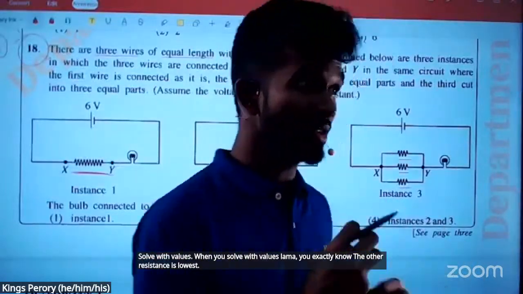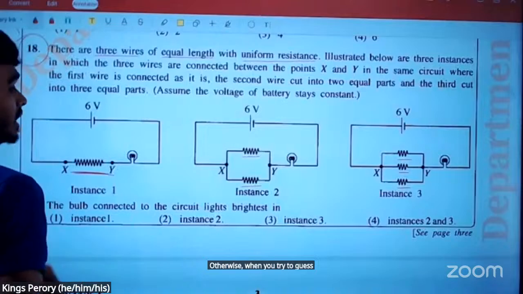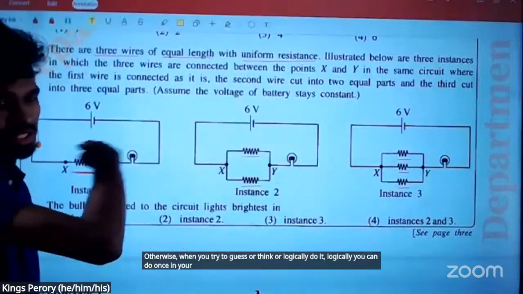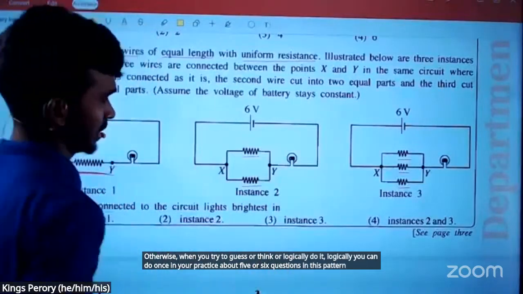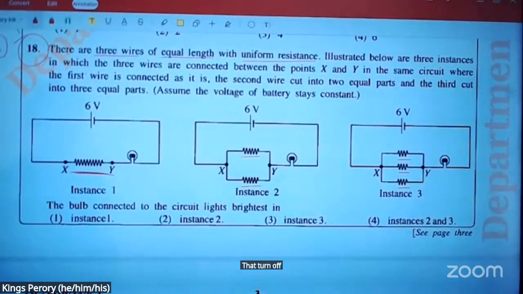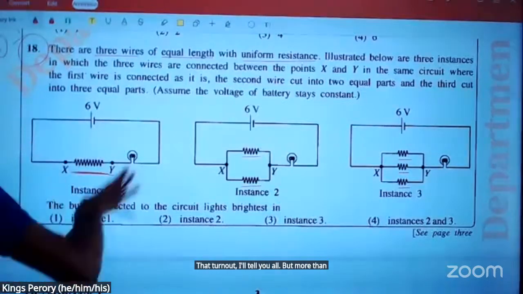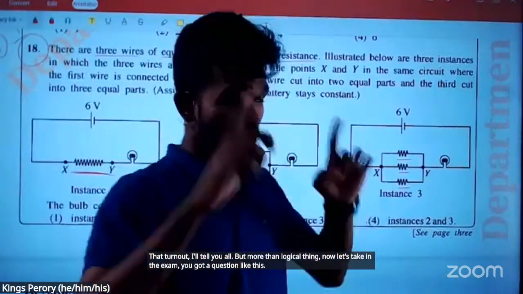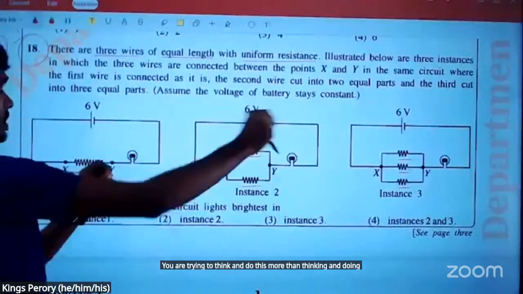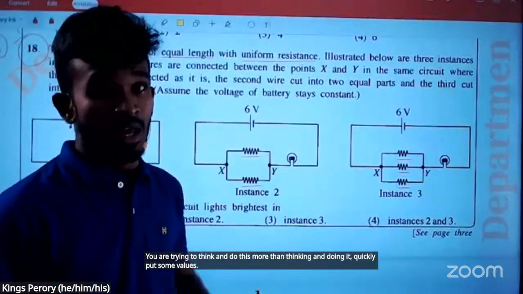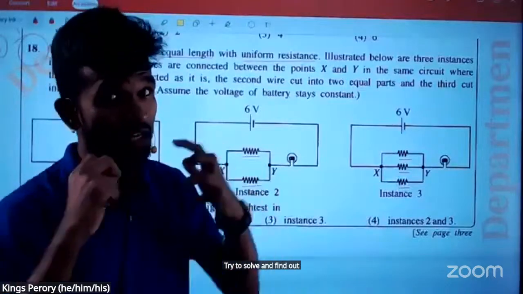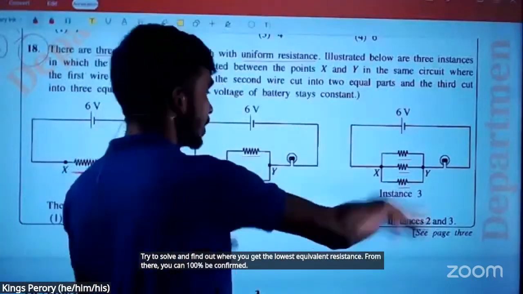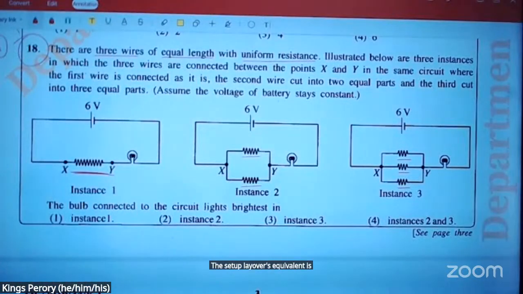Logically you can also do it; once you practice about 5 or 6 questions in this pattern, you will understand the logic, and I'll tell you that too. But in the exam, quickly put some values, solve, and find where you get the lowest equivalent resistance. From there you can be 100% confirmed.